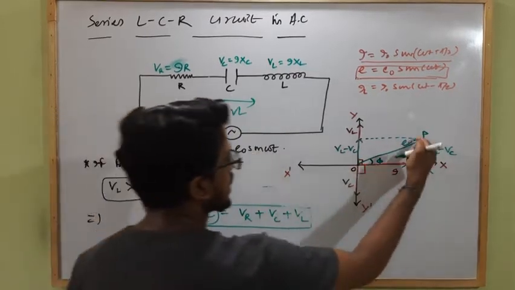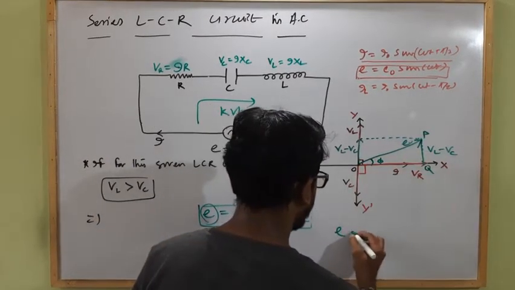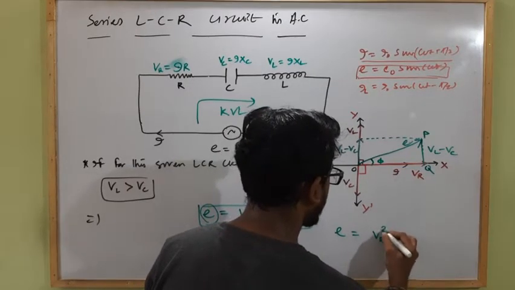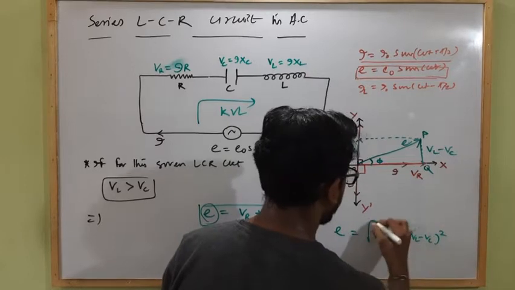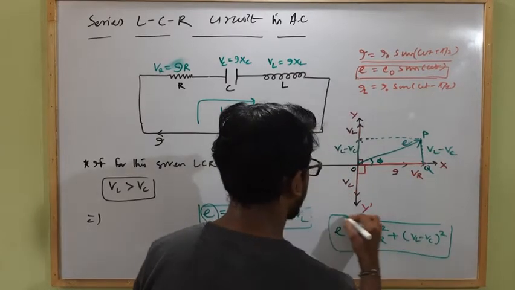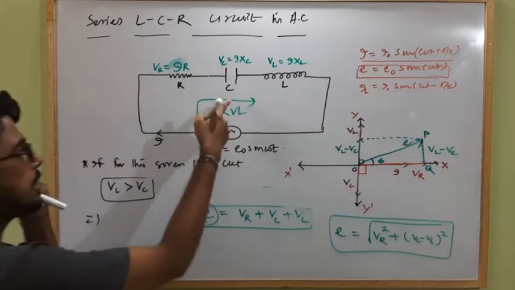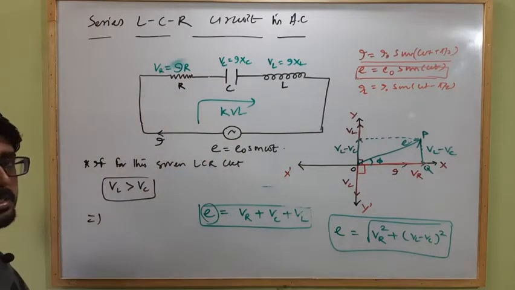So from this triangle, E equals the square root of VR squared plus (VL minus VC) whole squared. This is the expression for the resultant EMF across the LCR circuit.